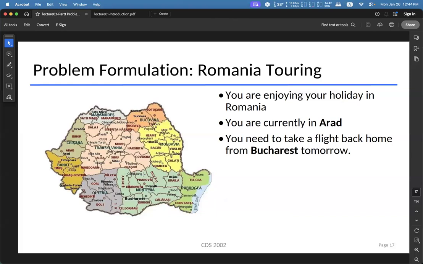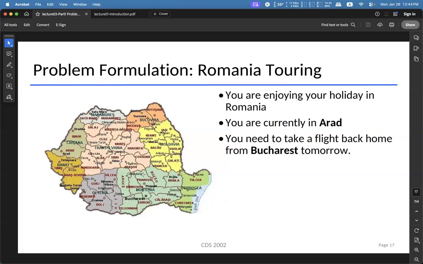If we just look at this map of Romania, we have a lot of unnecessary detail. For example, the different regions of Romania are not that important for us. We just need to know where there are highways, high-speed trains or other transportation that allow us to transit from one location to another in Romania, such that we can reach Bucharest at the end.